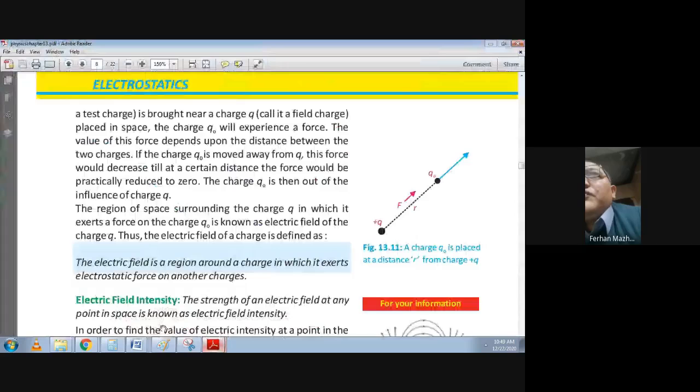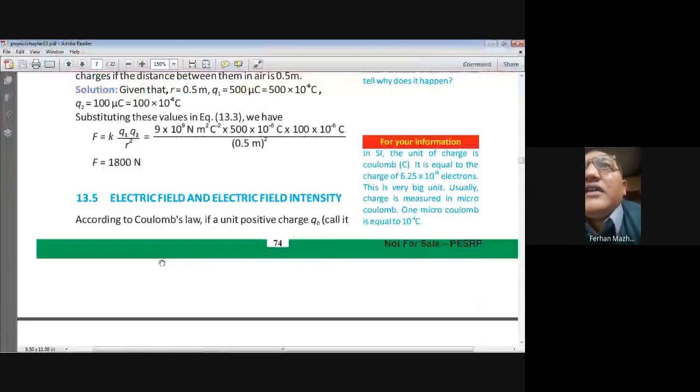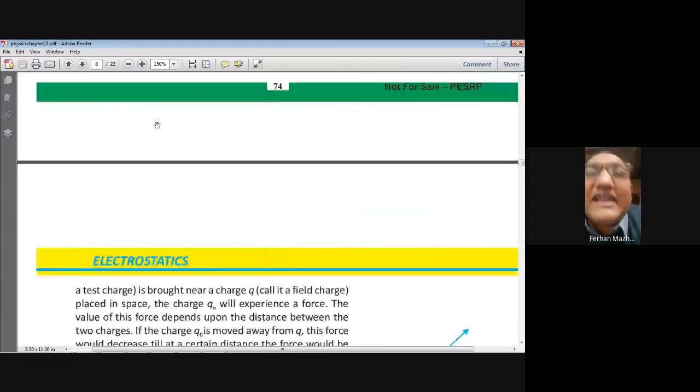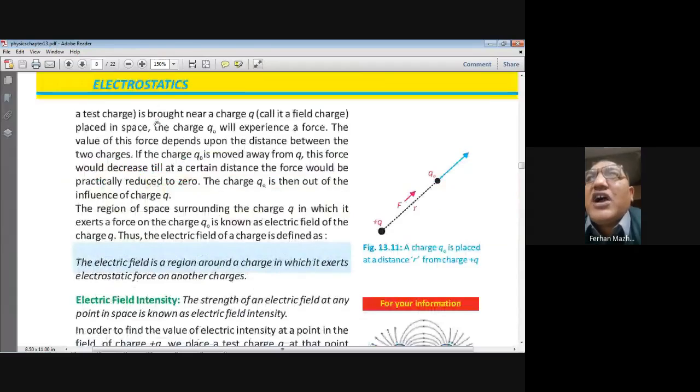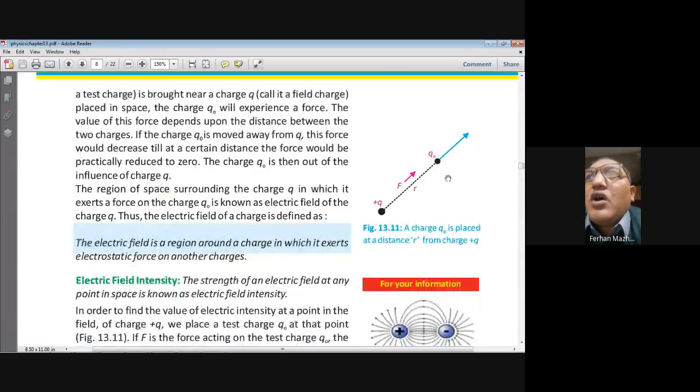Okay. That's good. According to Coulomb's law, if a unit positive charge Q naught, call it a test charge, is brought near a charge Q, call it a field charge, placed in a sphere in space, the charge Q naught will experience a force.